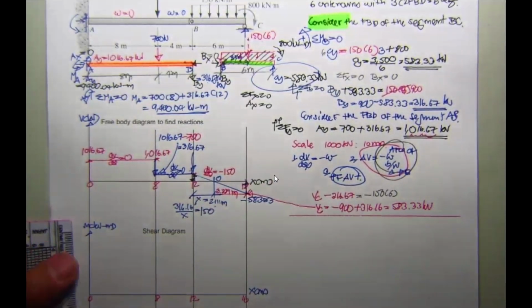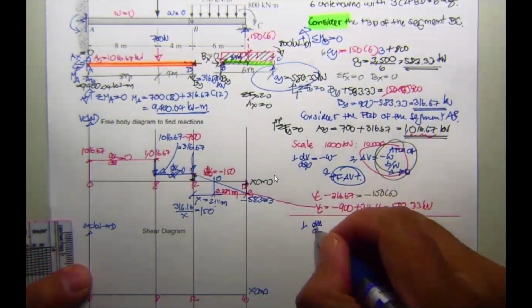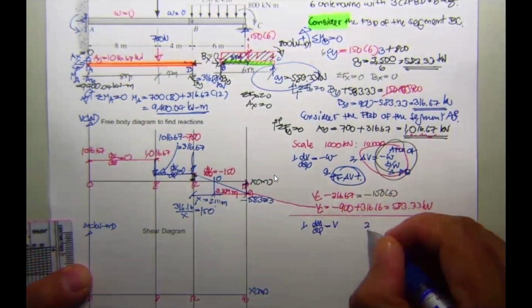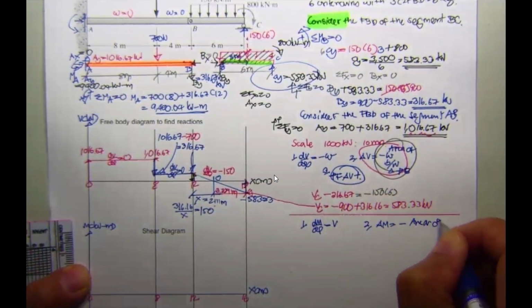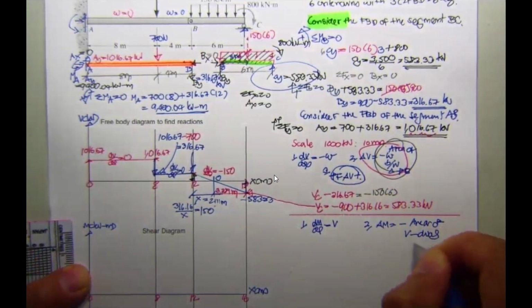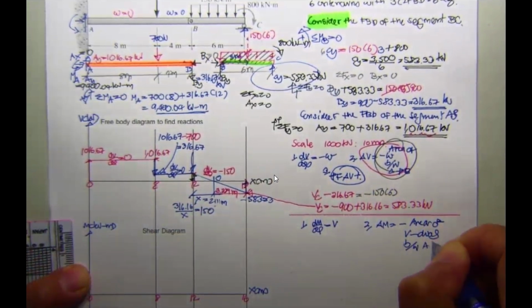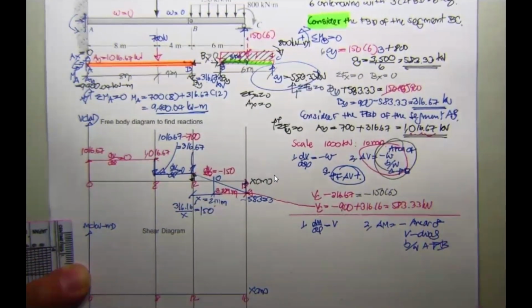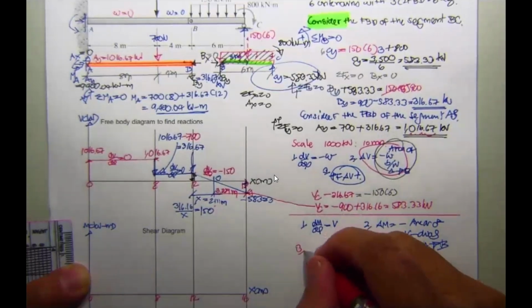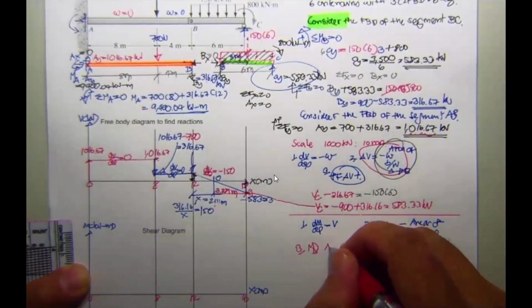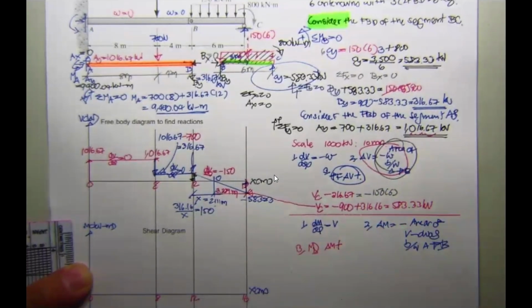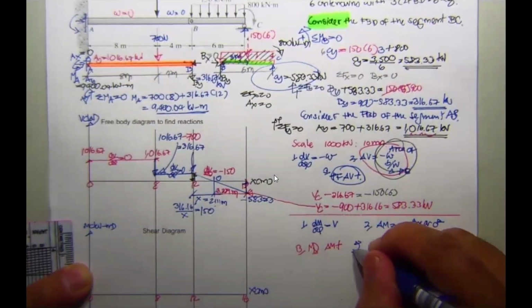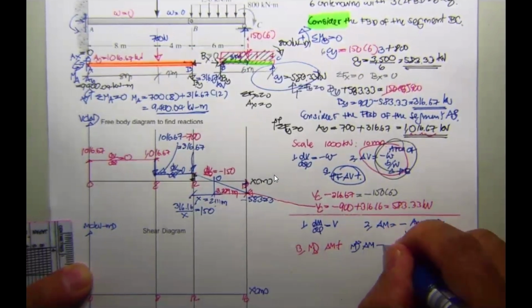First, dM by dx equals V. Second, delta M equals minus the area of the V diagram between A and B. Third, for a clockwise moment, delta M is positive, and for a counterclockwise moment, delta M is negative.